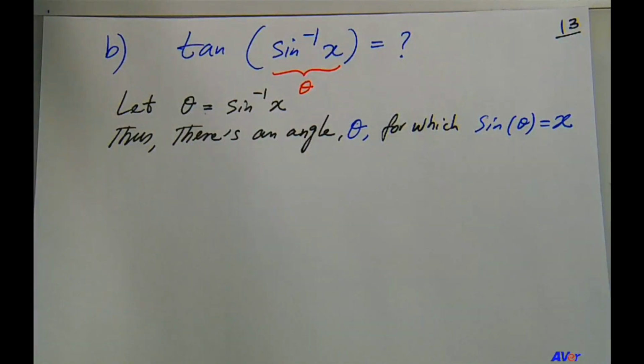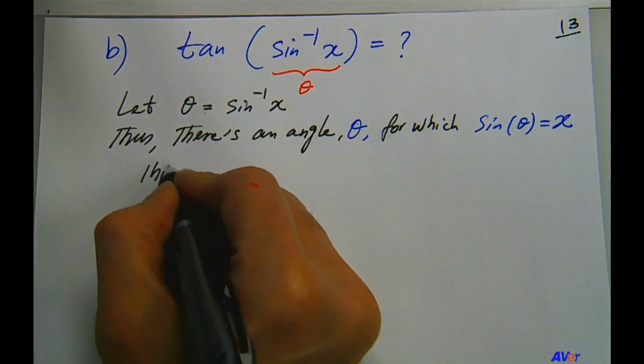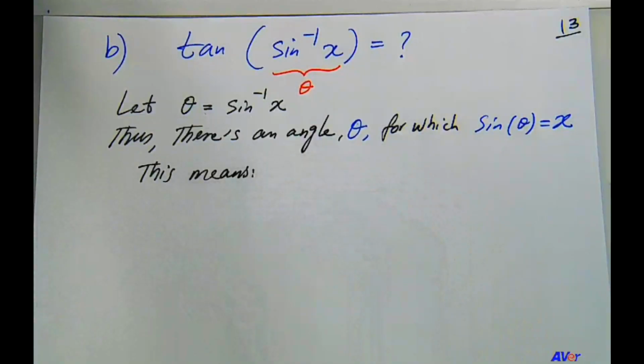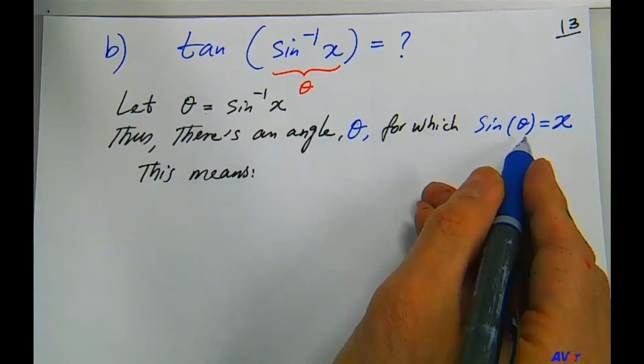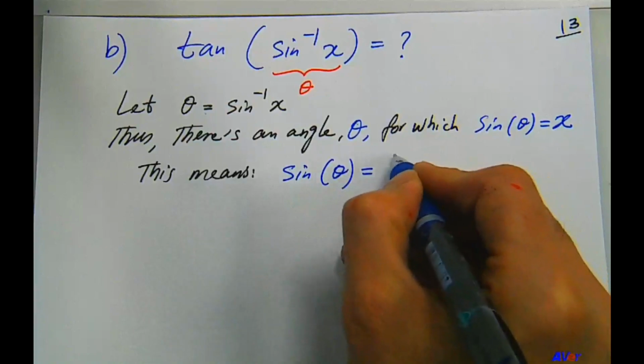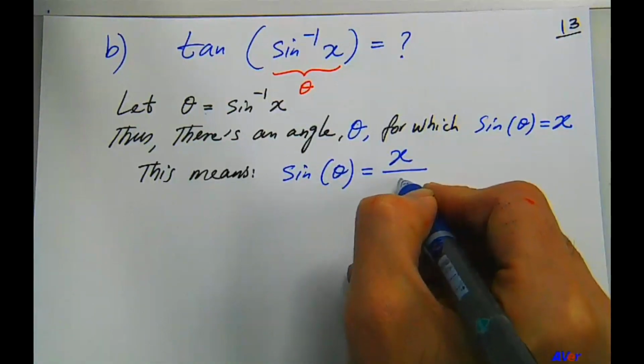Okay. So this means, let's rewrite this. Sine of theta equals x over 1.